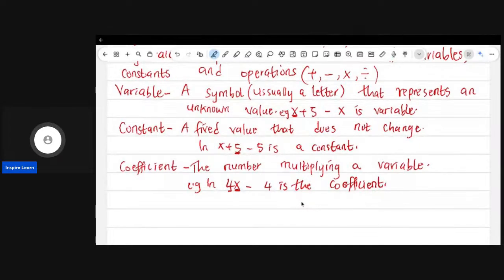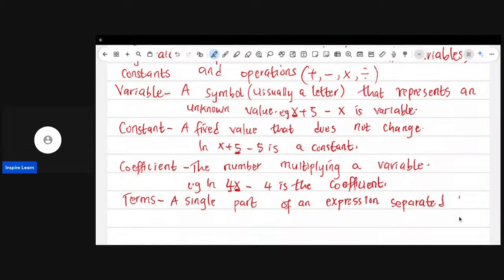Again, we can define what terms are. We say that a term is a single part of an expression separated by the operation.